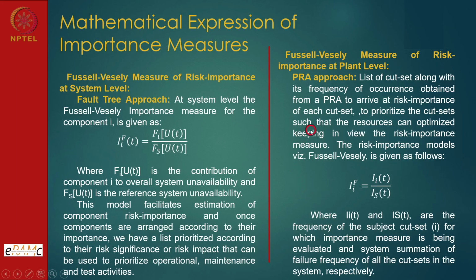We have been given a list of cut sets, and for the ith cut set, the Fussell-Vesely importance. It is a function of time, and at system level also it is a function of time. So the list of cut sets along with the frequency of occurrence is obtained from PRA. What is the cut set frequency we have here? Then at system level and at the individual level, we can estimate the importance measure here.